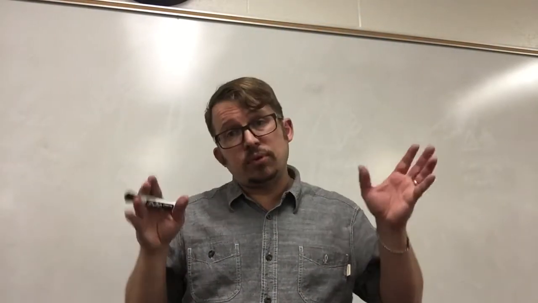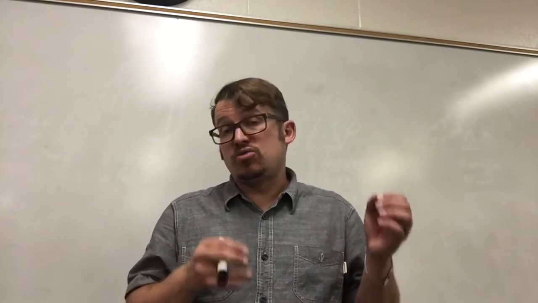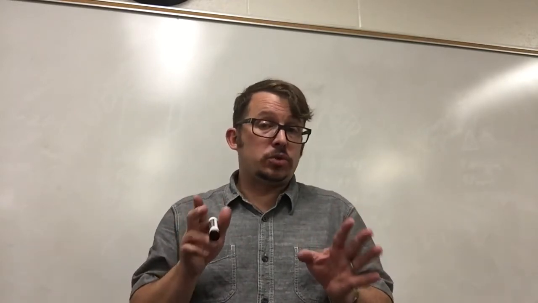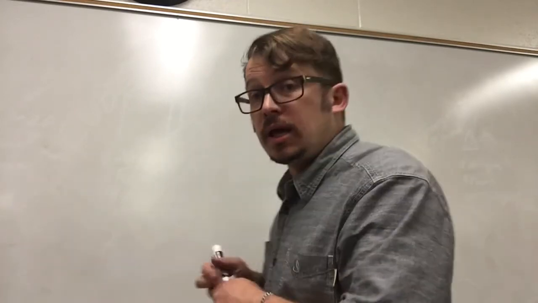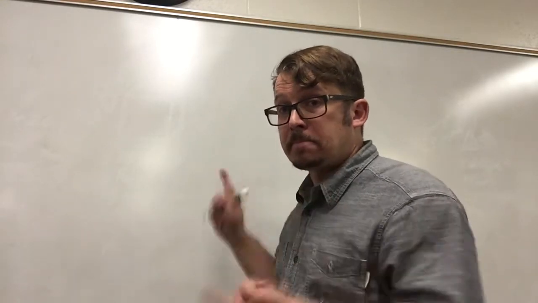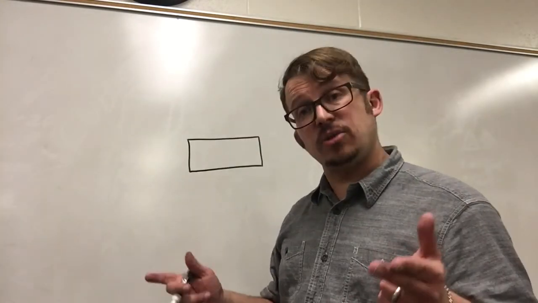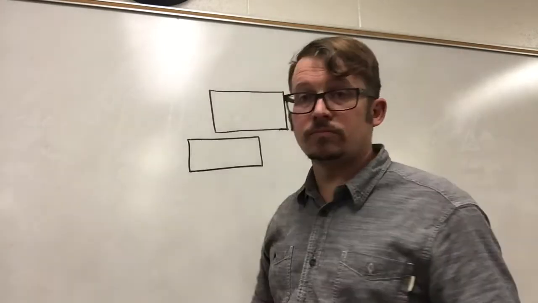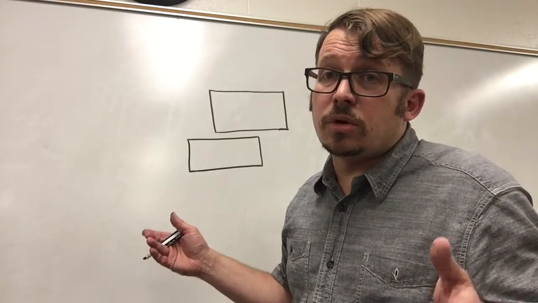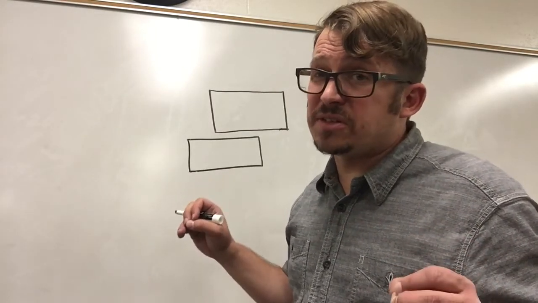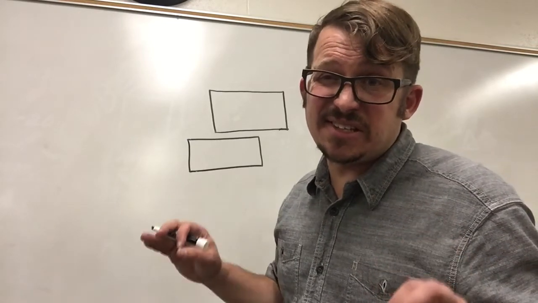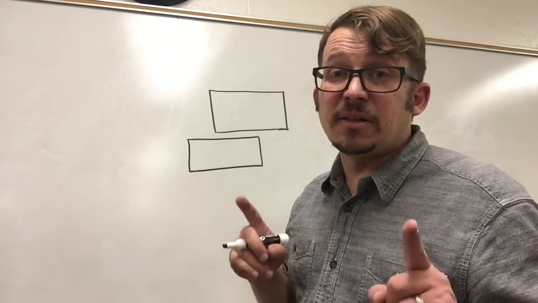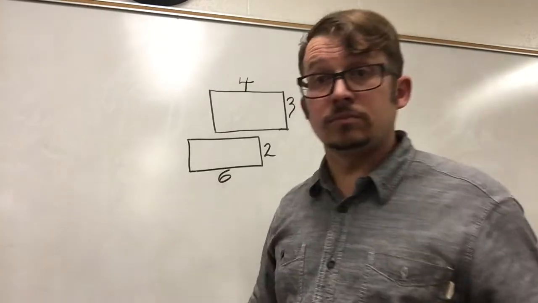Okay, so here's a neat idea. Something that it's probably easier to show with rectangles, but we could do this with a lot of other shapes. Pretty much any shape, 3-dimensional, 2-dimensional, we can do this. If you have a shape and another shape. You'll notice as I put measurements on this, the scale is not perfect, but let's put some measurements to this.